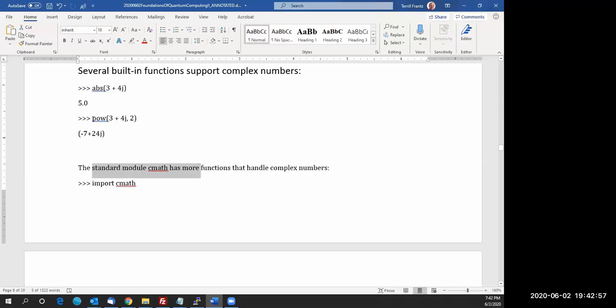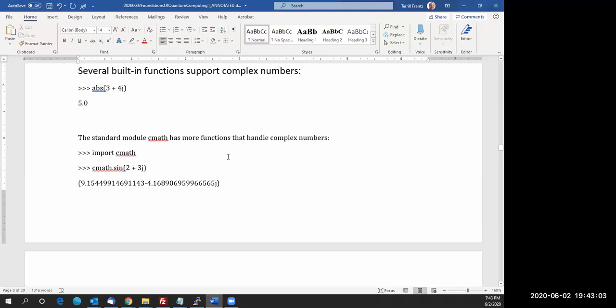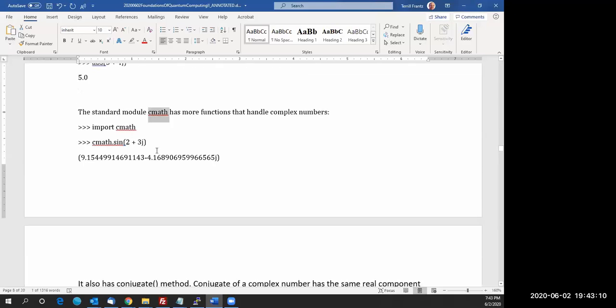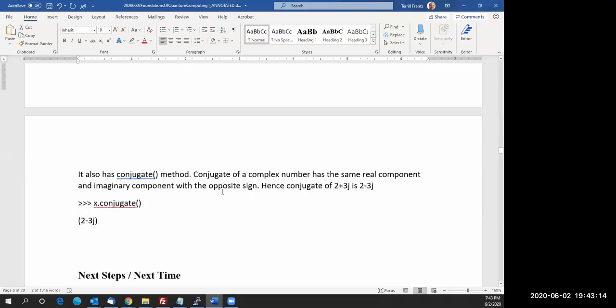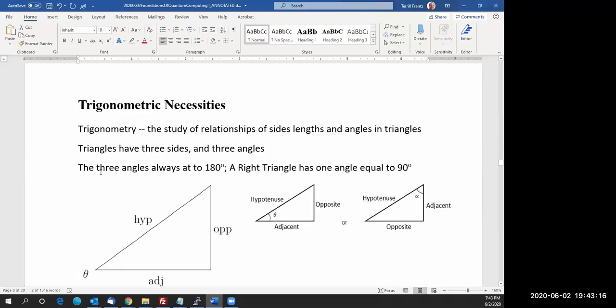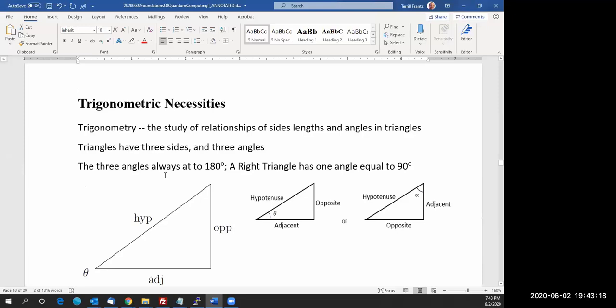Oh, yeah, thanks. I want to take that out because I didn't want to cover that here. So it also has a standard module called CMath, and that's where you can get into some of the trigonometric functions, etc. So that's a review in 45 minutes of last time.